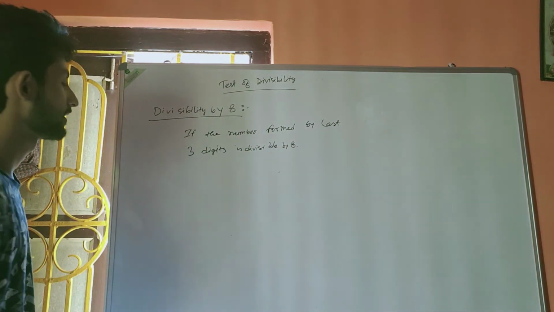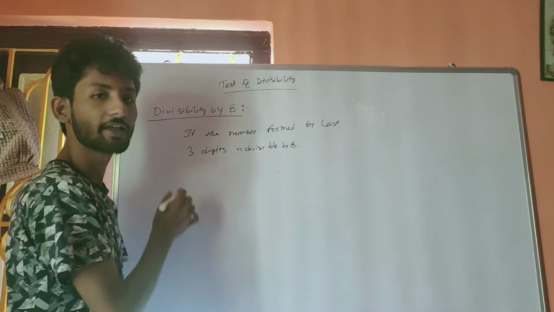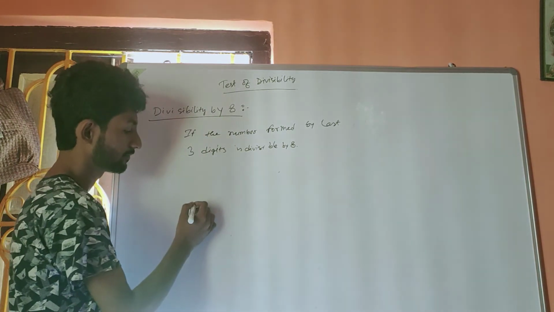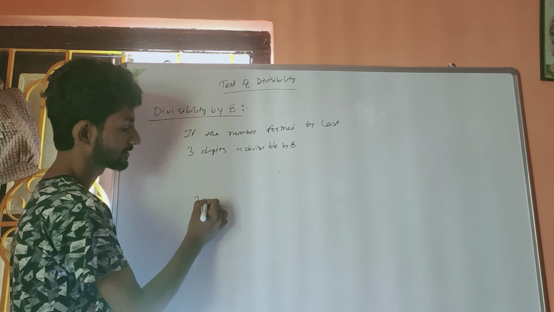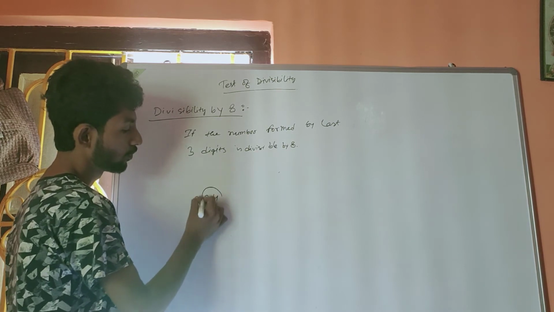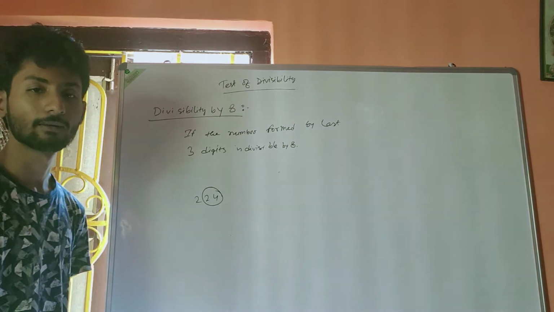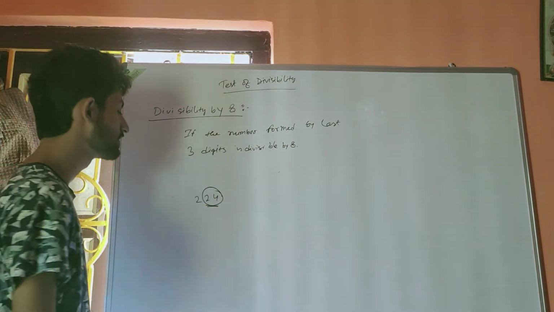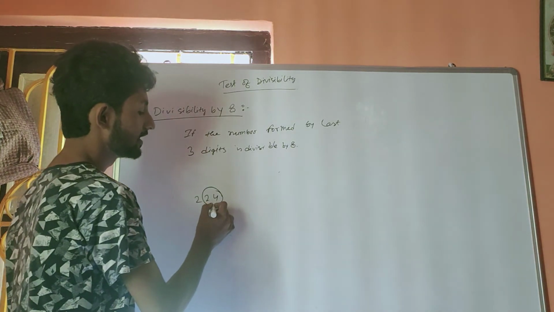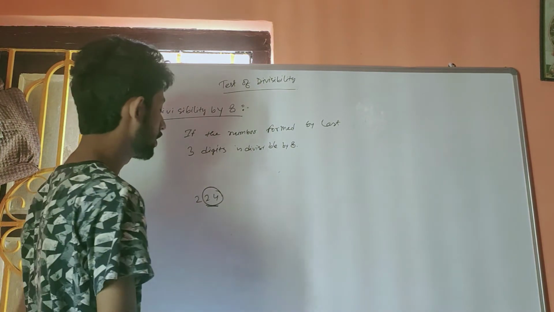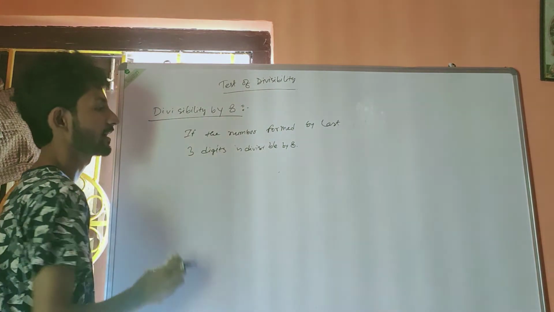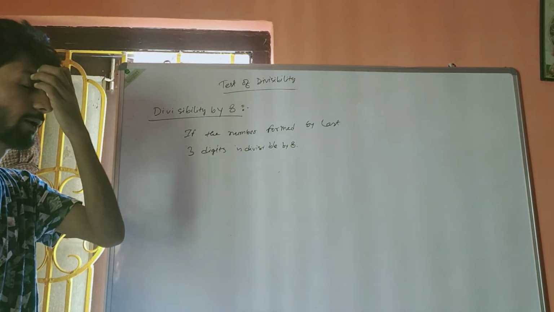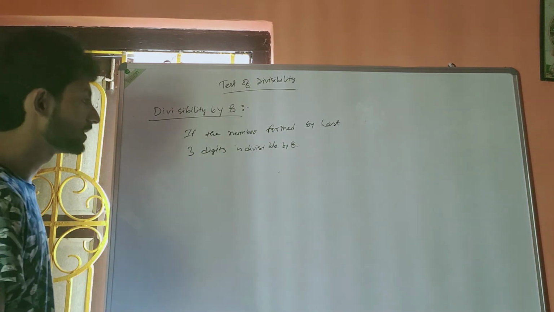So in that case, we saw in 4 that we have to check like this, 224. We have to see whether the number formed by last 2 digits is divisible by 4 or not. In that case, we'll check the number formed by last 3 digits.